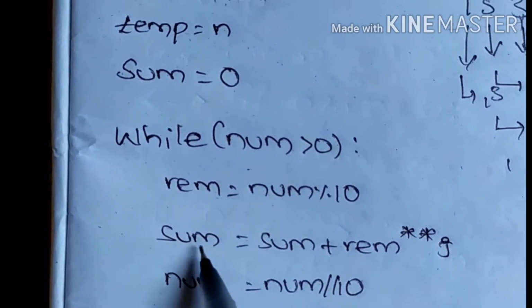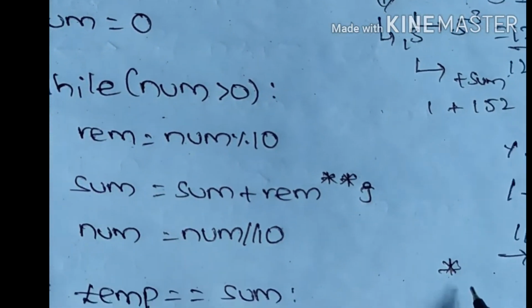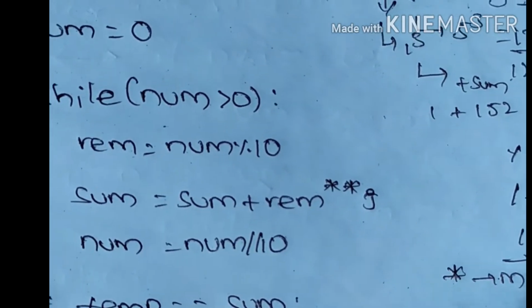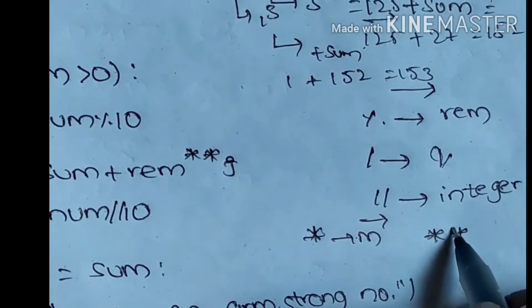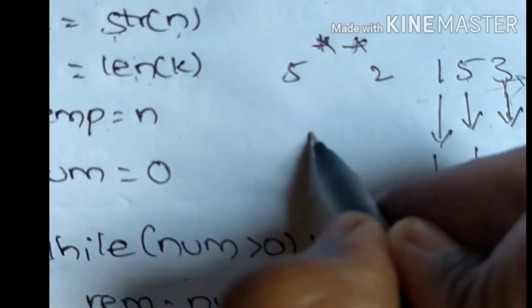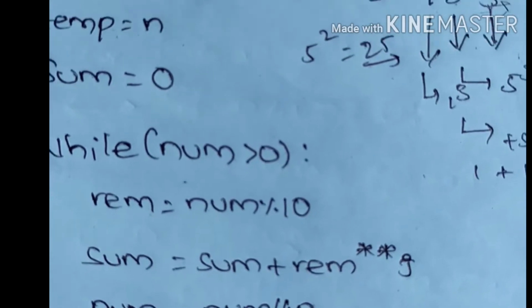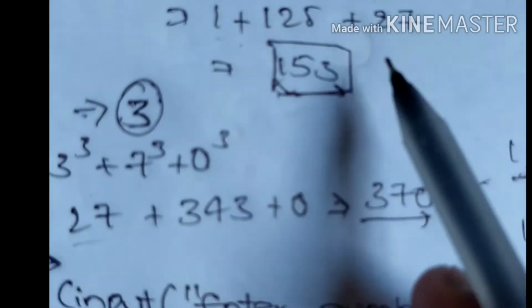And then sum equal to sum plus remainder. This will do multiplication, but this will give power of that number. If we use 5 star 2, this will give 5 square, that is 25. So we have to get cubes here, right?